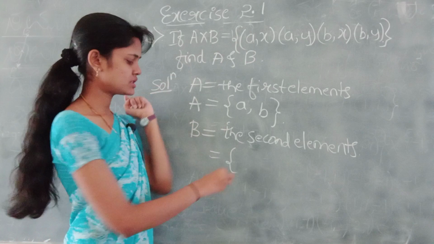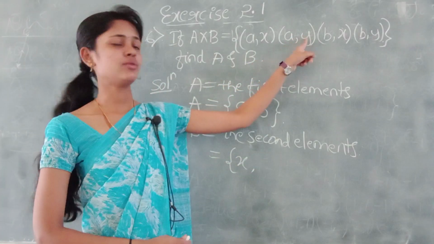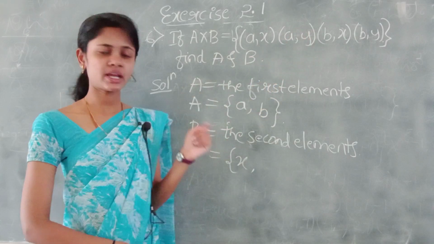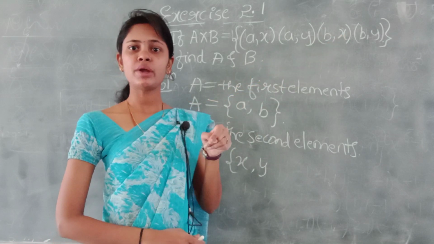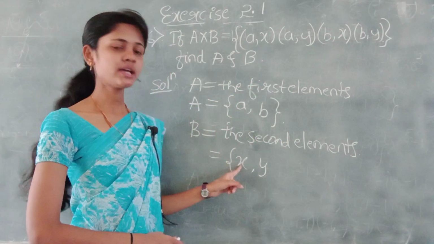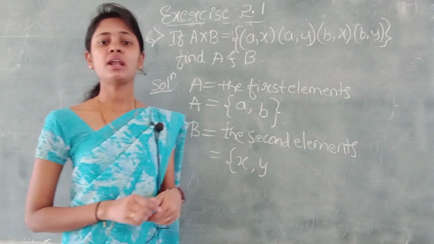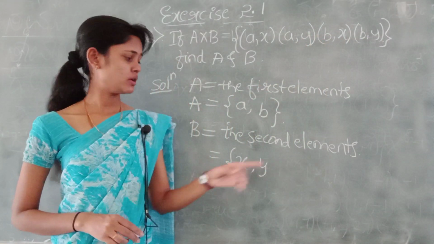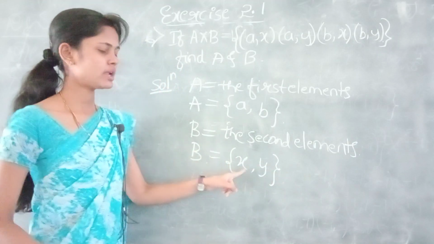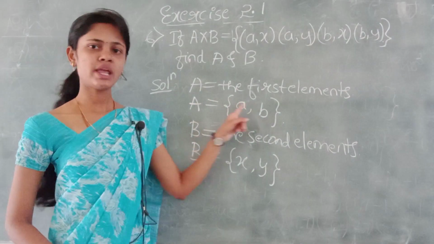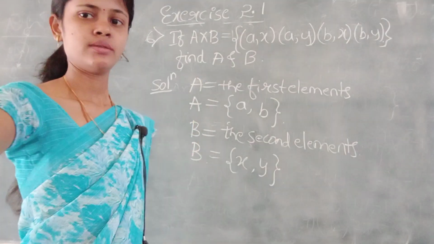X in the first ordered pair, Y is the second element in the second ordered pair, then X is the second element in the third ordered pair, already X is written, so no need to write, and Y is the second element in the fourth ordered pair, so already Y is written. Therefore the set B is equal to what? X comma Y. Therefore A is equal to A comma B and B is equal to X comma Y.